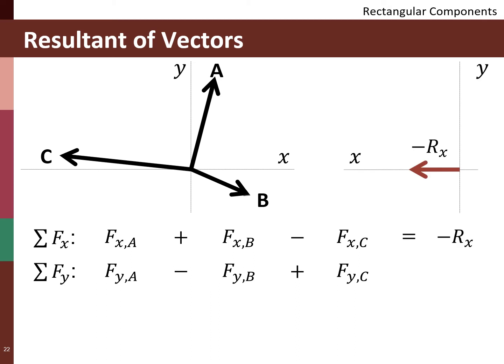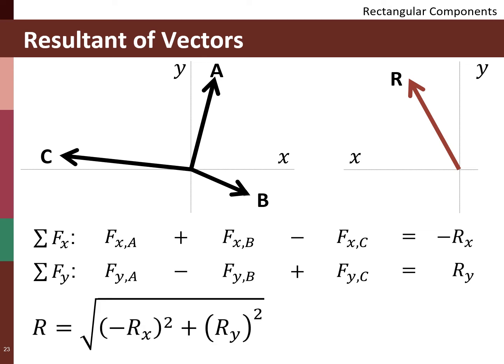The summation of the x components is equal to negative r sub x, and the summation of the y components is equal to r sub y. Solving the resultant r, we use the Pythagorean theorem so that r is equal to the square root of the quantity negative r sub x squared plus r sub y squared.